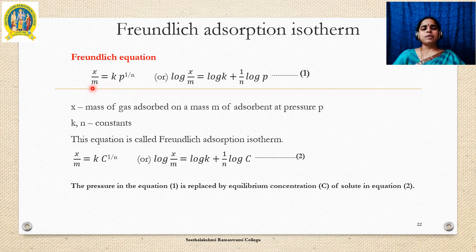That is, x/m is the mass of the gas adsorbed on m mass of the adsorbent at a particular pressure P, where k and n are constants here. Taking log on both sides of the equation, this equation can be converted to log(x/m) = log k + (1/n) log P. This equation is for a gaseous adsorbate.